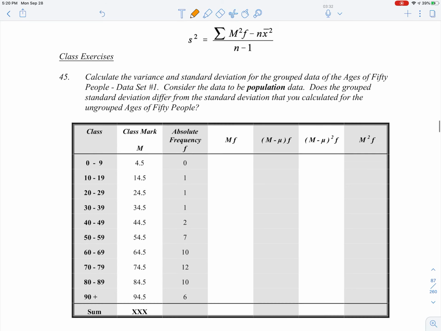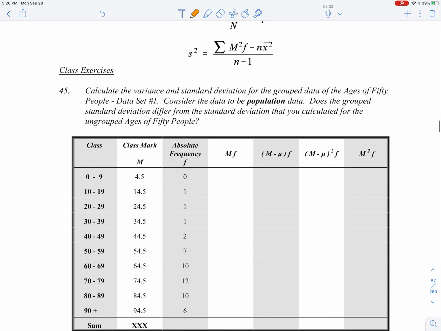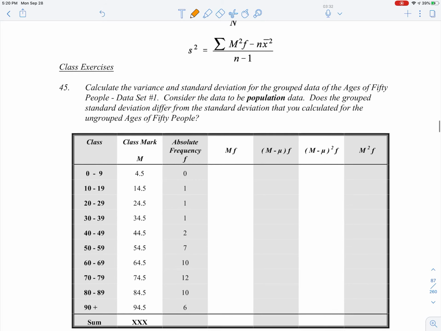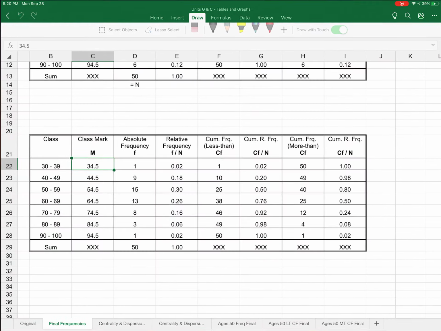I'm going to go through number 45, and then we'll actually take up number 46 in class. So calculate the variance and the standard deviation for the grouped data of the ages of the 50 people. Consider the data to be population data. Does the group standard deviation differ from the standard deviation that we calculated before? And so what I'm going to do is take a look here at an Excel spreadsheet.